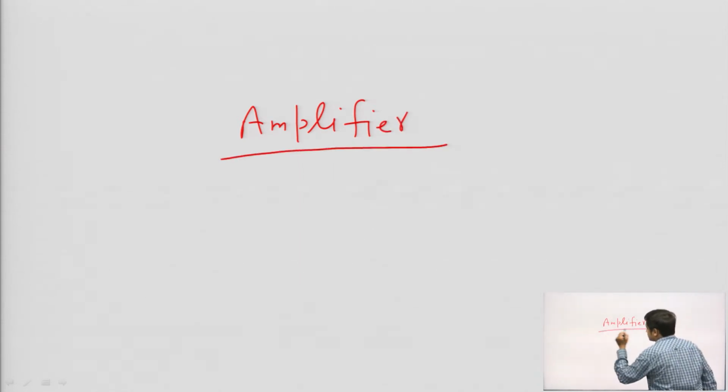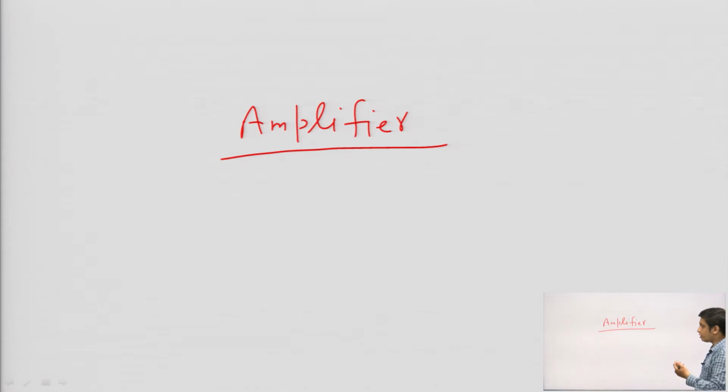When we talk about amplifier, in the first class of analog circuits I had discussed what is amplifier and what it actually amplifies. In amplifier the shape of the signal should not change.